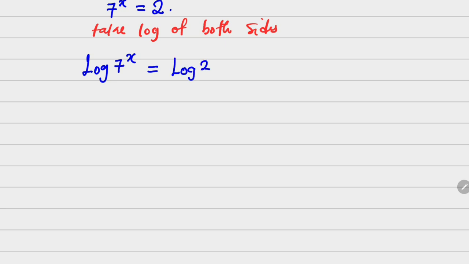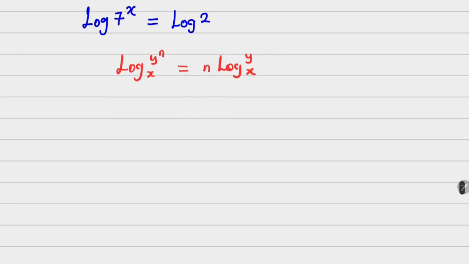All right. So recall the logarithm law that states that if you have log of y raised to power n, then this is going to be n times log of y. Since we know this, then we'll come down to this. Hope you know that this is actually base 10.